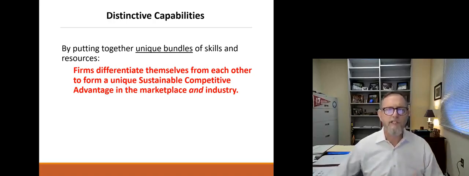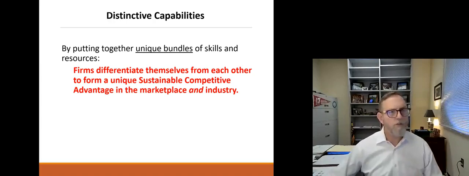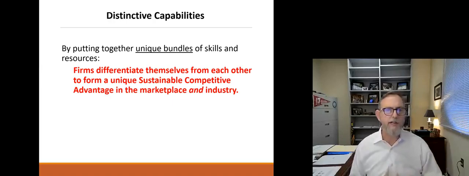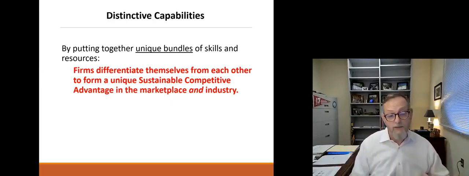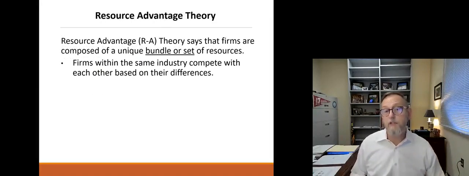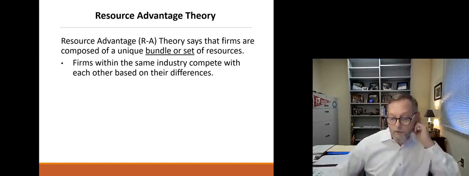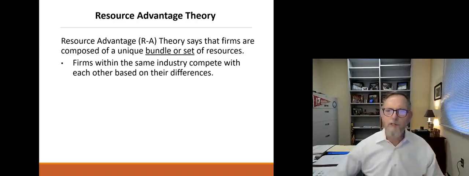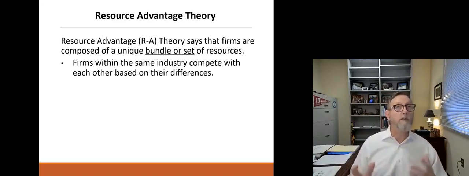Now, in this literature, in this theory, the abilities and strengths and skills are also referred to as resources. And so that's why it's called resource advantage theory, or the resource-based theory of the firm. So resource advantage theory then, RA, says that organizations are composed of these unique bundles or sets of resources. Firms within the same industry compete with each other based on how they are distinct or different from each other.